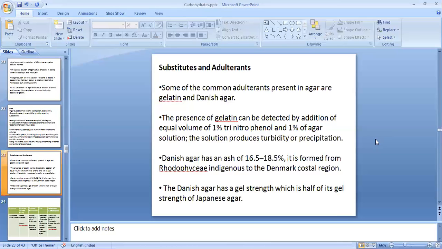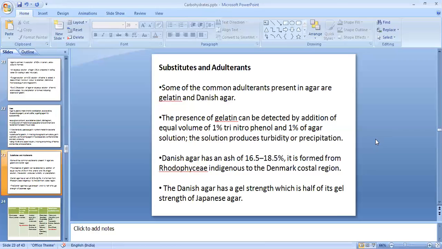So by determining the gel strength, the Danish agar added as an adulterant can be found out. Okay, so this is how you can check the adulterants: gelatin by treating with saturated picric acid solution, and Danish agar by checking the ash value as well as the gel strength, because it has only half of the gel strength of Japanese agar.